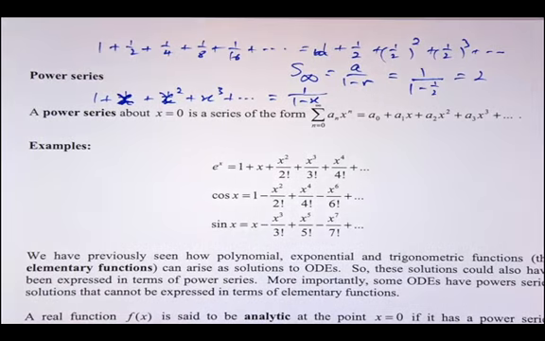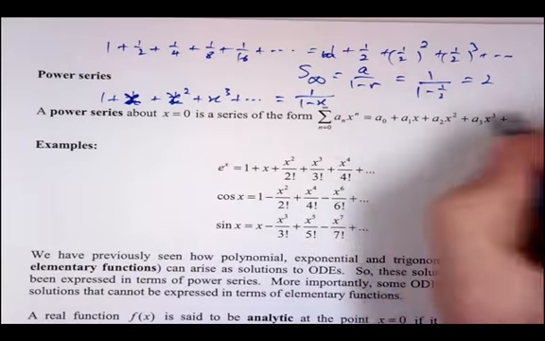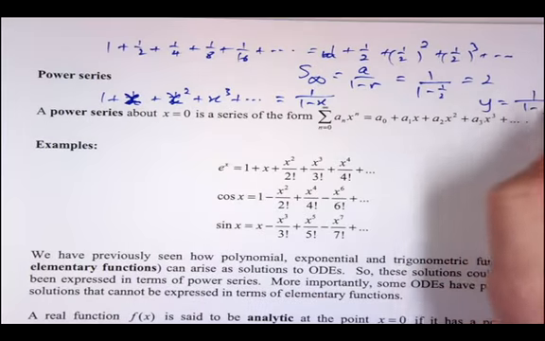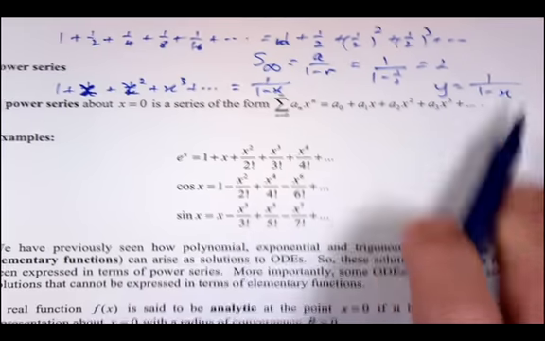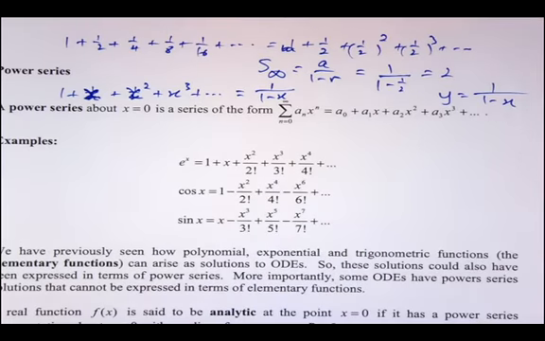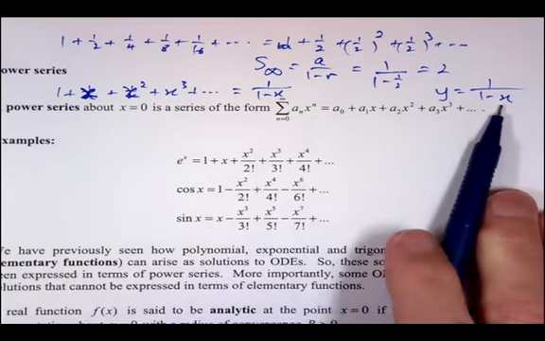But we can now view this in a different way. This is a function. I could graph y equals 1 over 1 minus x. It's a hyperbola. It's going to have a problem when x is 1, so that's where the hyperbola will go up to positive infinity and down to negative infinity. Okay, but it's basically a hyperbola.